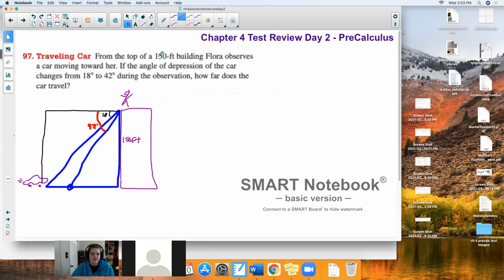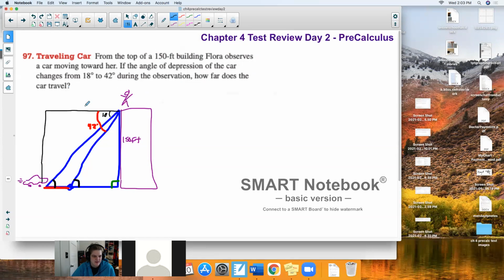Okay. So during the observation, how far does the car travel? So we want to know this distance here, which is going to be part of the right triangle. So we're going to use some trig. According to where these angles are, it's much easier if we look at them down here.